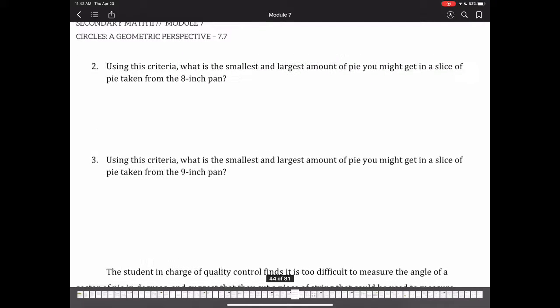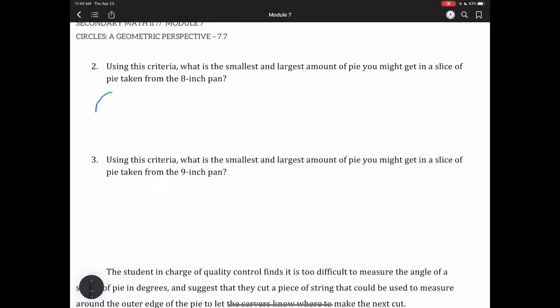Using this criteria, what's the smallest and largest amount of pie you might get in a slice taken from the 8-inch pan? We had discussed that if you cut it into 5 equal slices, you get 10.05 square inches per slice, but that's assuming we get every slice correct. If we get 5 slices of 72 degrees, excellent.